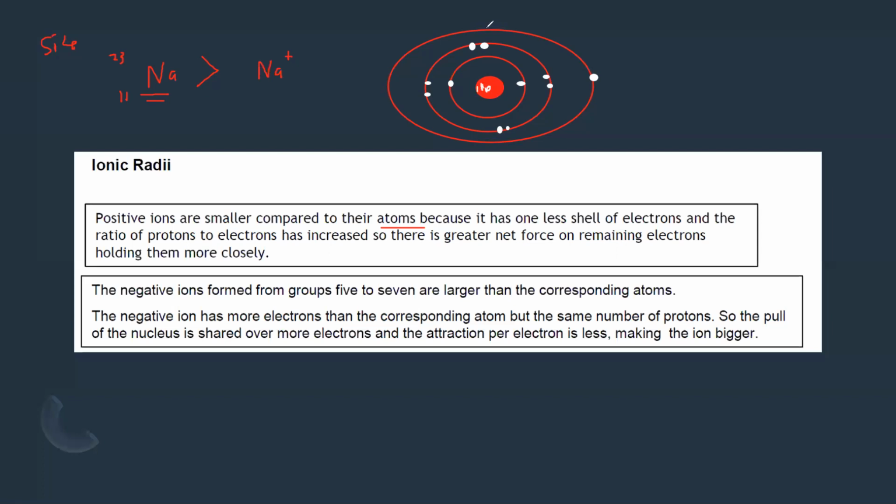But when I draw a sodium ion, sodium loses 1 electron. As it loses the outer shell electron, that outer shell is no more counted. So only 2 shells are there, and when I draw, 11 protons will be there and 10 electrons. First shell will have 2 electrons, and the second shell will have 8 electrons.